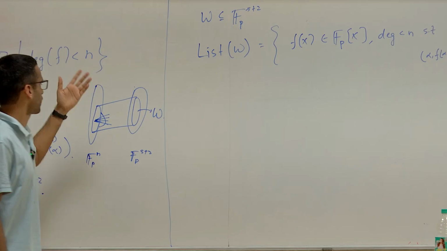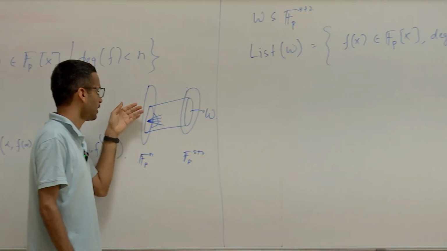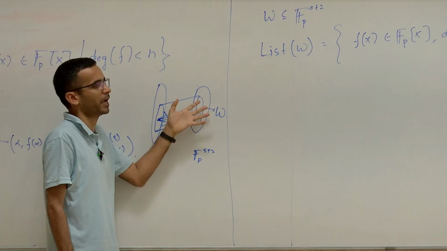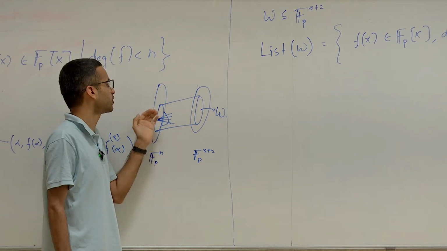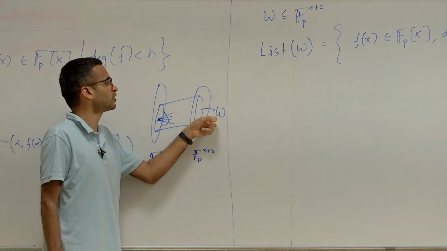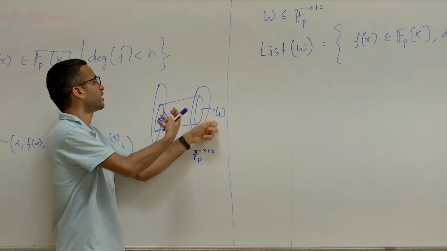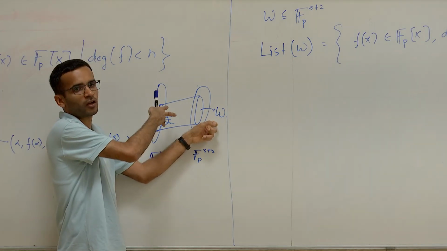Our goal is to show that every small enough set on the left hand side expands. The way we are going to show this is by picking small sets on the right hand side and showing that their list has to be small.